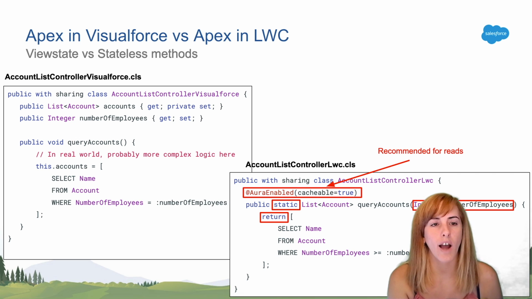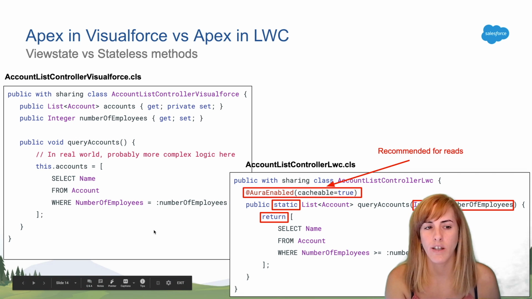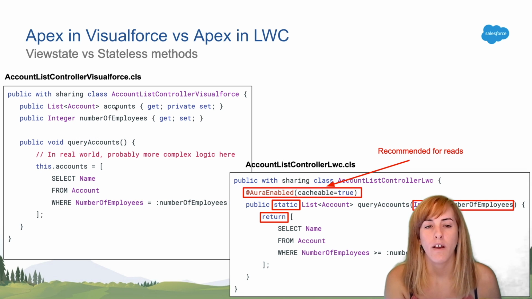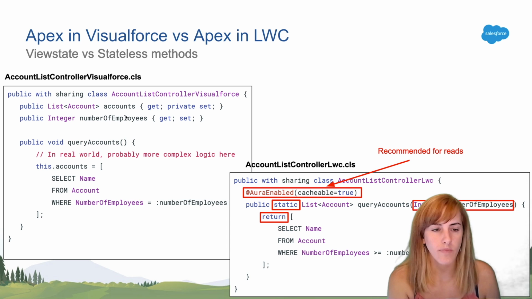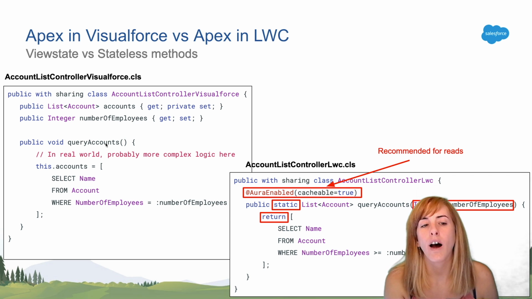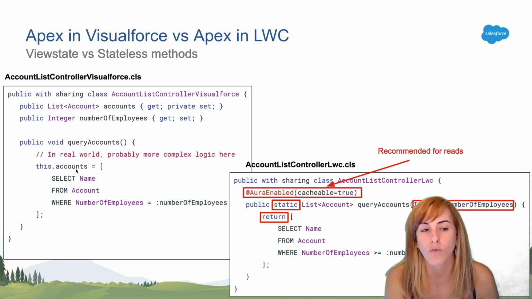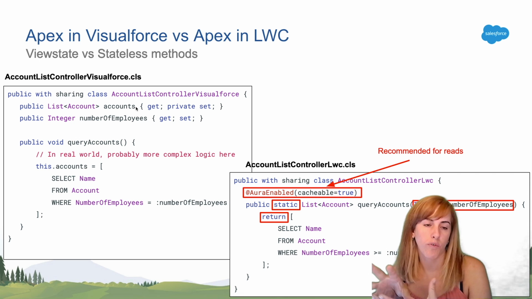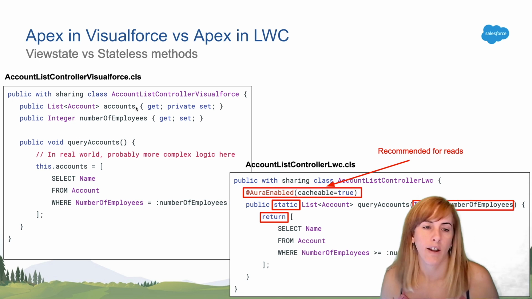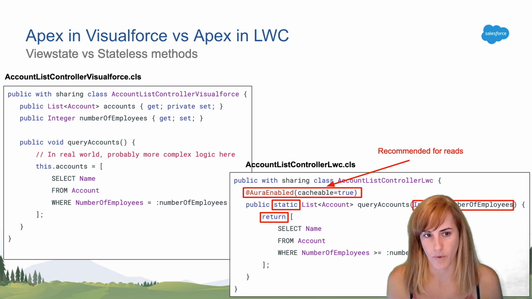So imagine that you had this Apex controller here in Visualforce, right, in which you have some properties defined, because we are accessing those properties on the Visualforce page, and that we have a method that allows you to query accounts and store the value of those accounts in that property, so that in the Visualforce page we can re-render a table, for example, that is using that list of accounts, right?